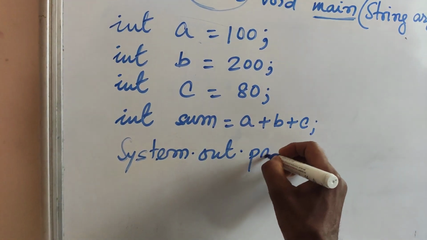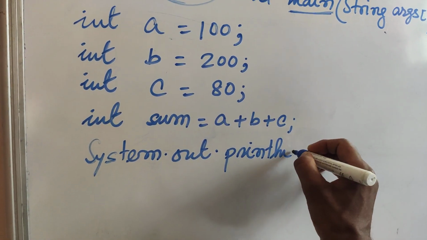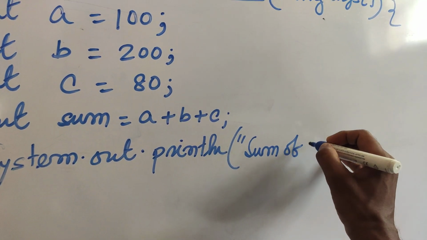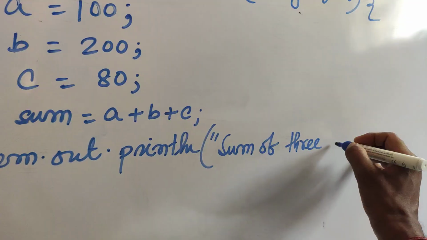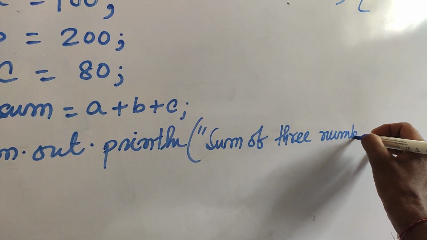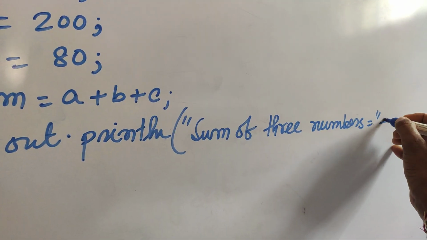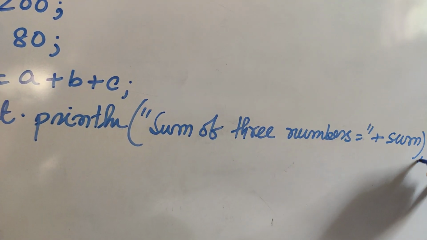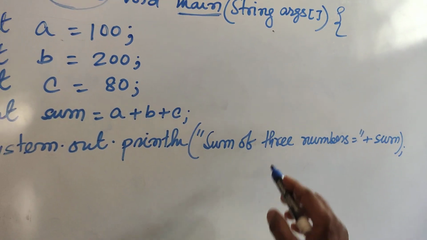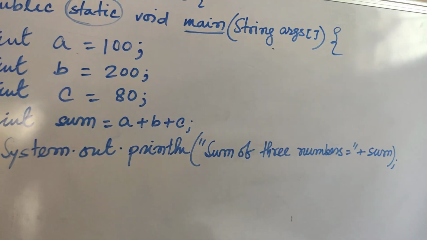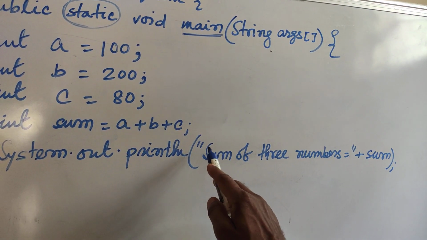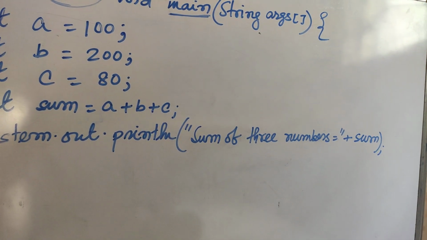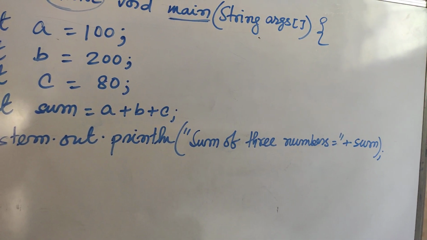See, after the calculation part, storing and calculating, the last step is output. So for output you have to write System.out.print or println, "Sum of three numbers equal to" plus sum. See, in the first program I showed you, hello within double quotations is treated as a string value, string data.